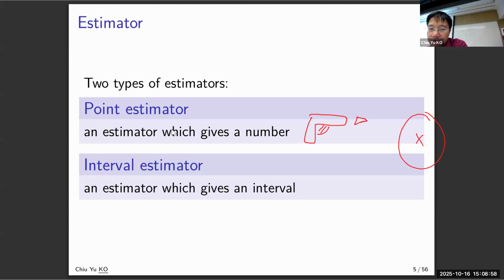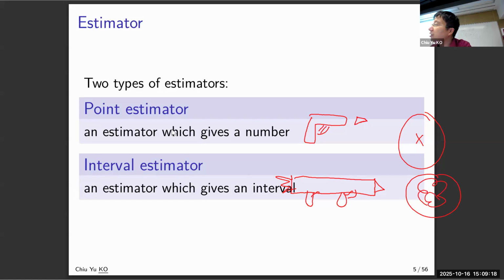And what is an interval estimator? An interval estimator is like this. This is a rocket launcher. When you hit it, it just explodes this whole area.